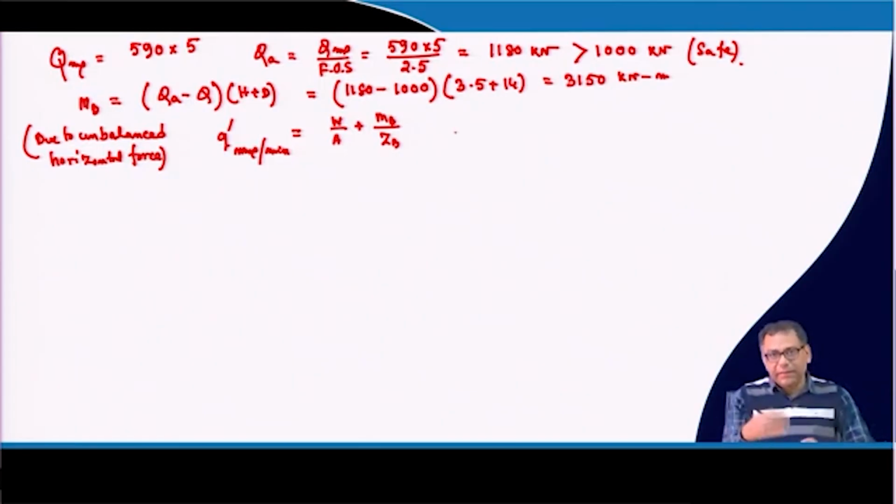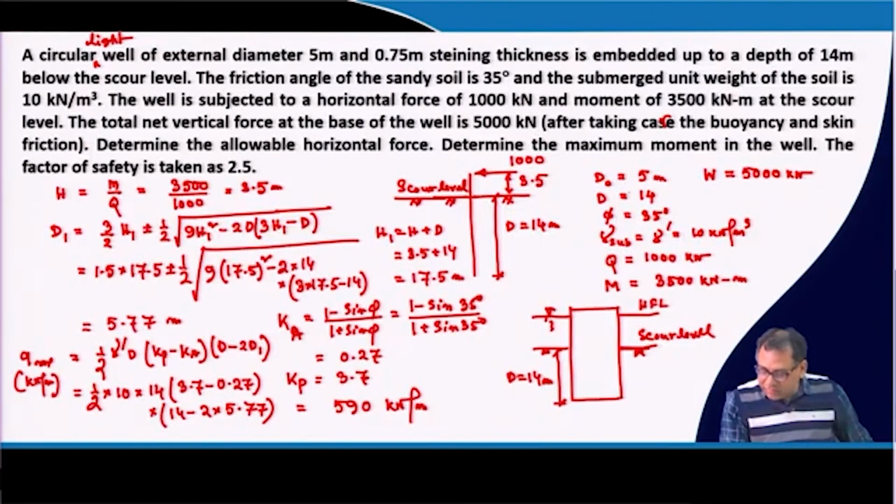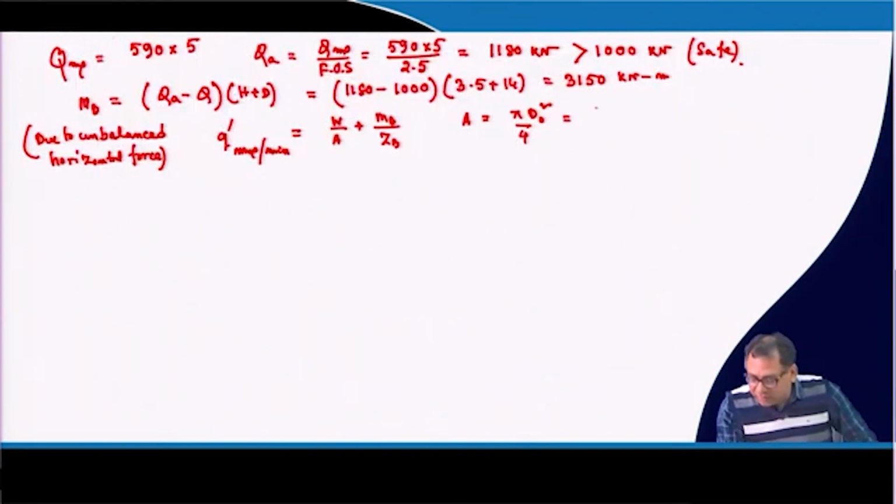We are taking the total outside area of the well. So, A will be pi d0 square by 4, and d0 is 5 meter. So, this is pi 5 square divided by 4.